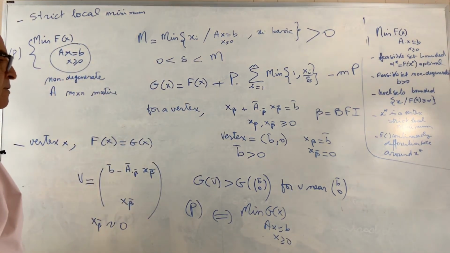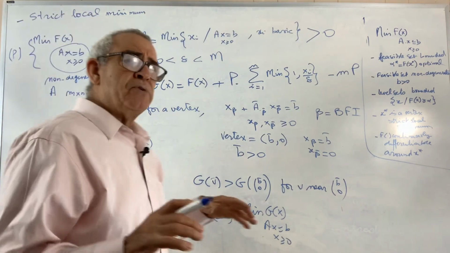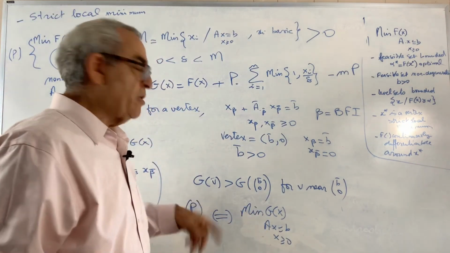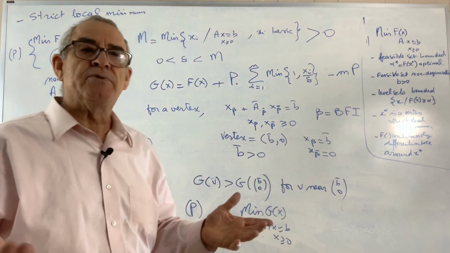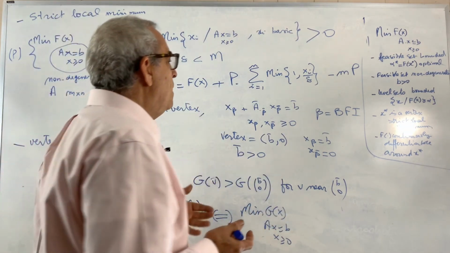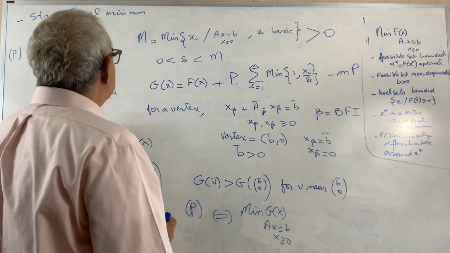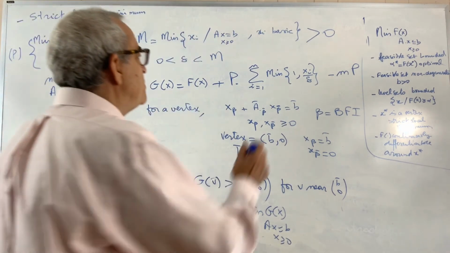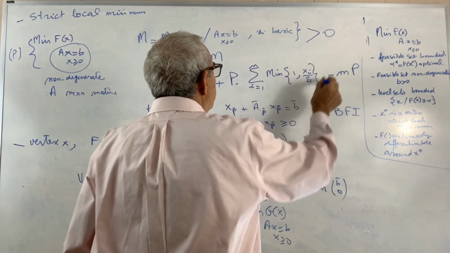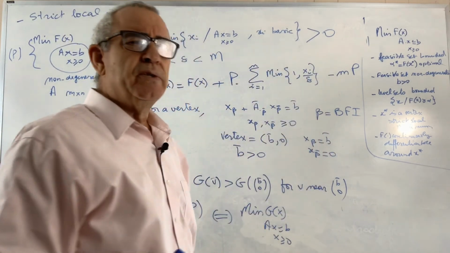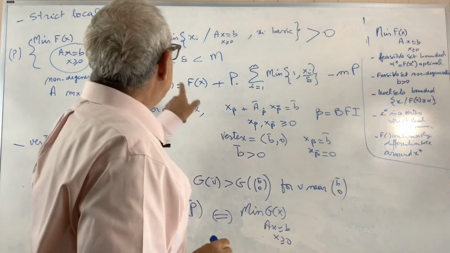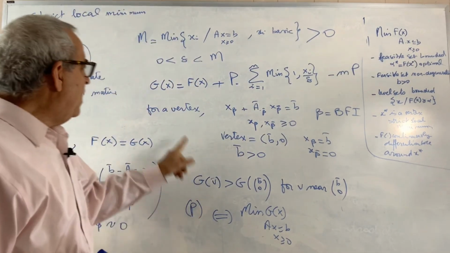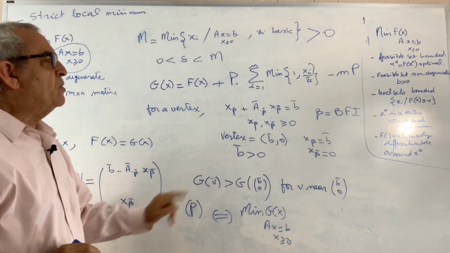They are equivalent because at all the vertices their values coincide, and outside the vertices, g takes on a bigger value, so it cannot be the optimizer. So the second thing, let's look at this function. First of all, this term here is a concave function, and this is concave, so the sum is concave. So if f is concave, g is also concave.